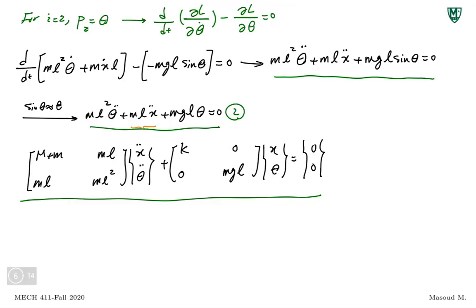So this is something related to the coordinate system, not the nature of the system. That's why we use modal analysis. Modal analysis is just converting the coordinate system from what we have to a new coordinate system in which the system is decoupled. That's what it does, pretty much.